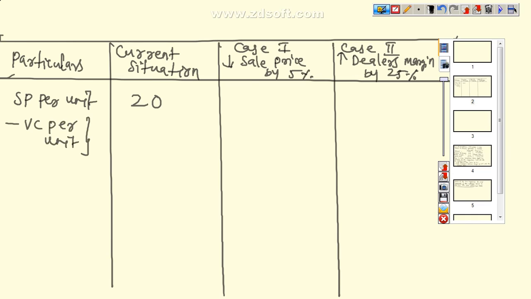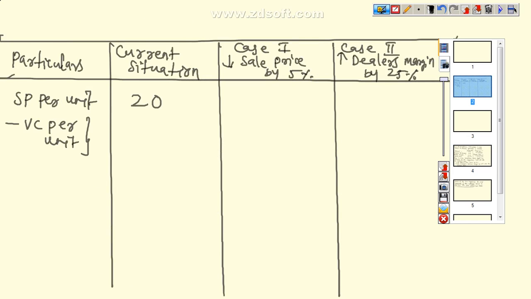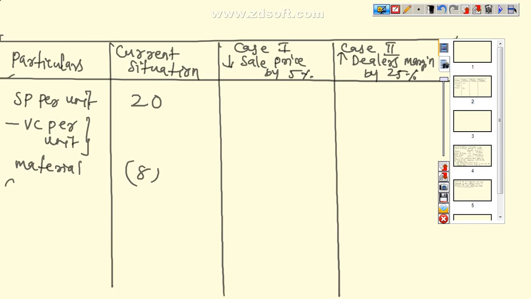Variable cost per unit calculation, there are three items given. First one, material. So we write it there, material. Material is 8. Then conversion cost is given, that is variable. So we write it there, conversion cost, that is variable.